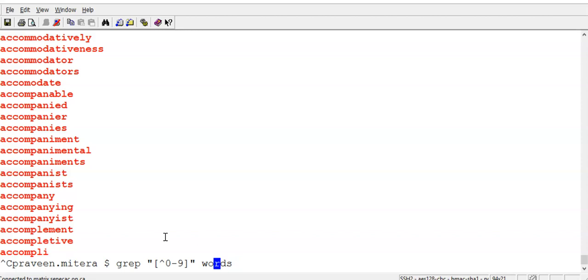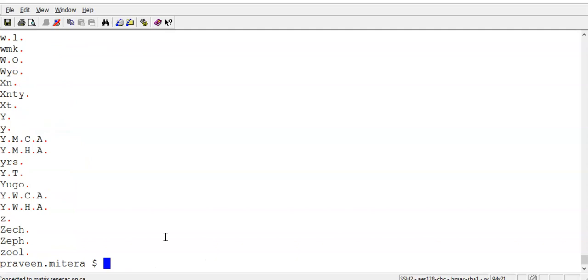The other thing square brackets can be used for is, let's say I was looking for a line which has a dot. See what this does? It actually looks for the actual dot. Remember a minute ago we said a dot means any character?